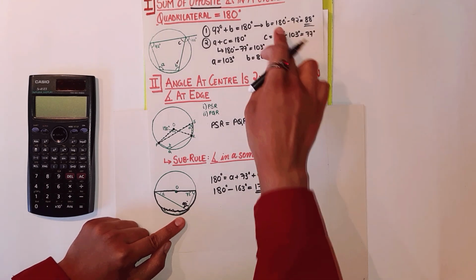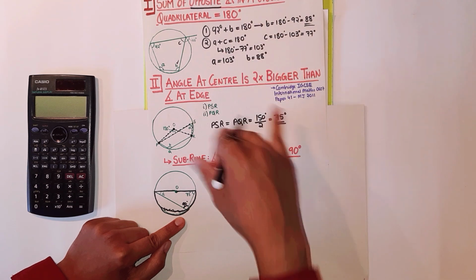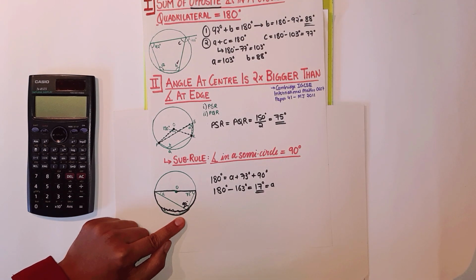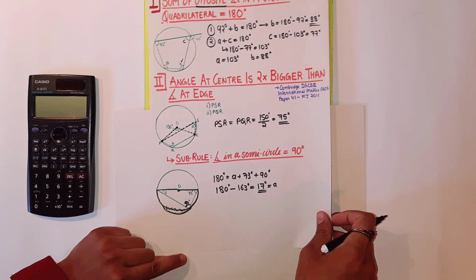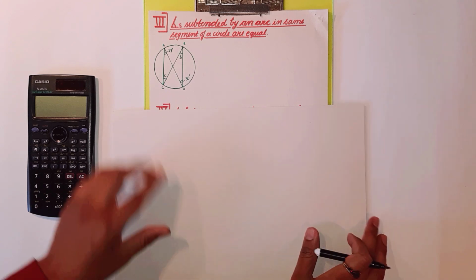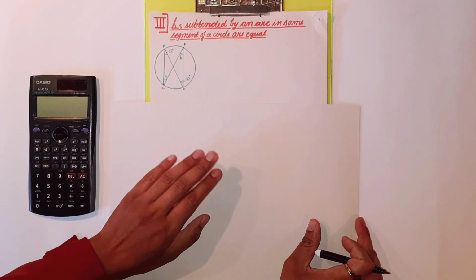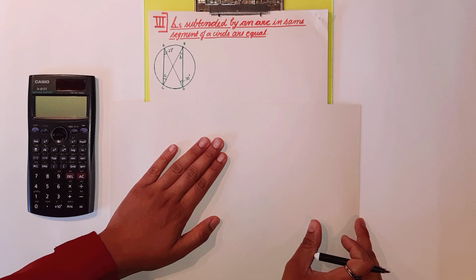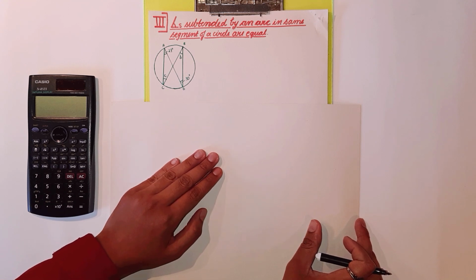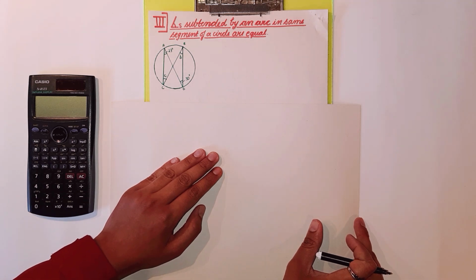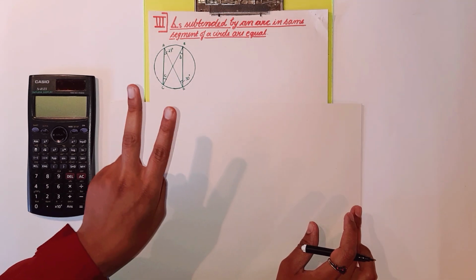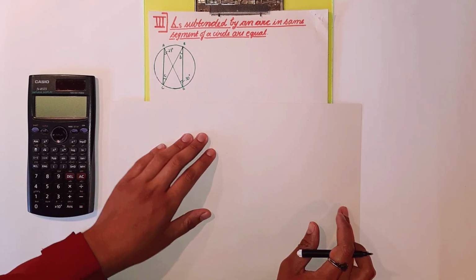So these were the first two rules and a little sub-rule there. Now let's move on to the third rule. And the third rule states that the angles subtended by an arc in the same segment of a circle are equal. Now this rule sounds complicated, but actually there are only two parts to it that you need to consider.